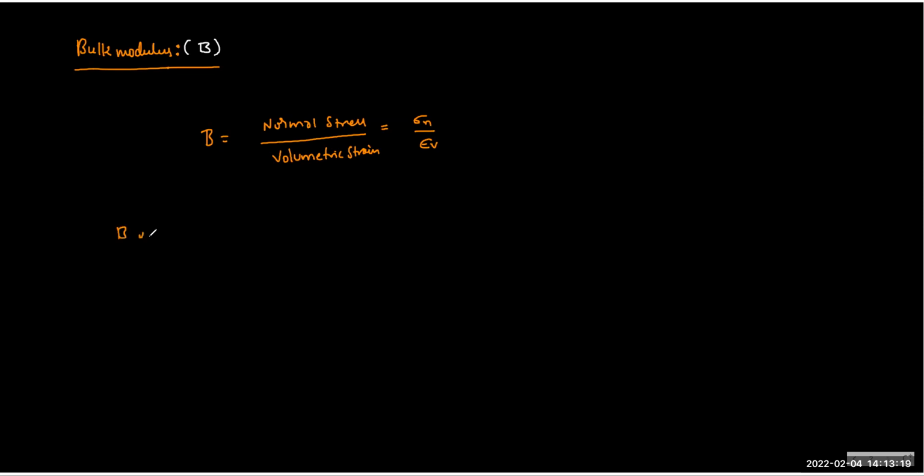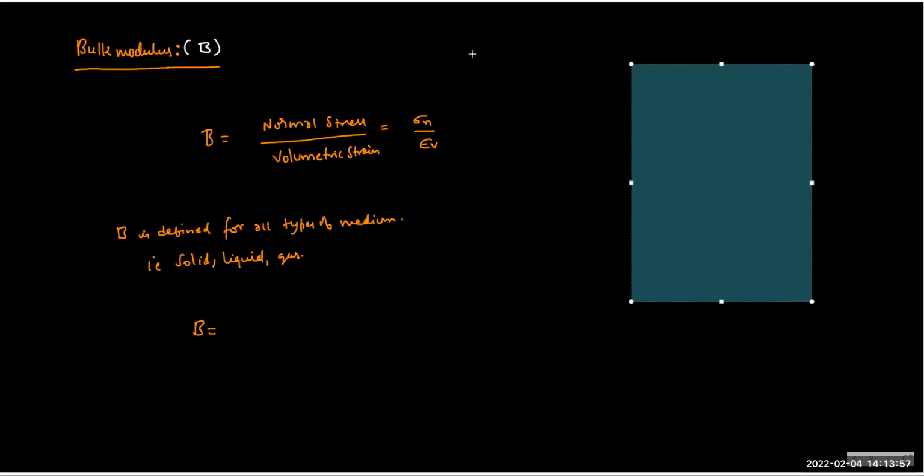So B is defined for all types of medium. So how do we write this? Generally for liquids, we have seen that the way of writing bulk modulus is, if we have some object.